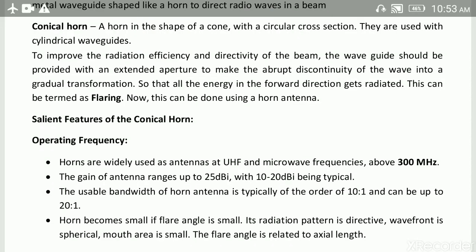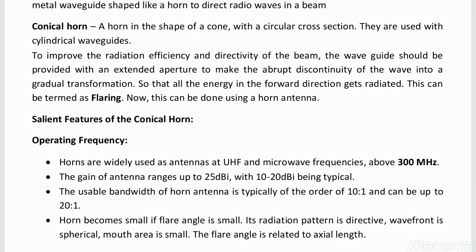And now we will see the salient features of the conical horn. So the first point is operating frequency. Horns are widely used as antennas at UHF, that is ultra high frequency, and the microwave frequencies above 300 MHz. The gain of the antenna is up to 25 decibels, with typically 10 to 20 decibels.